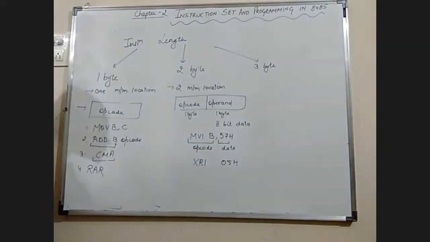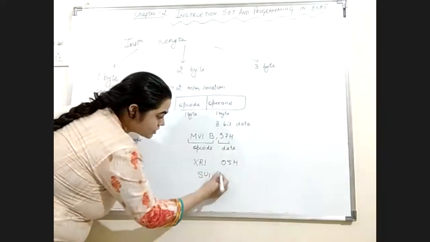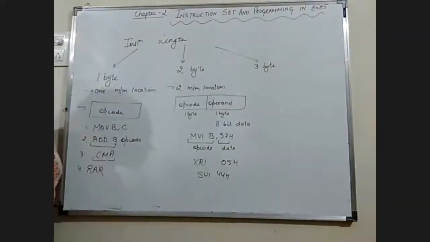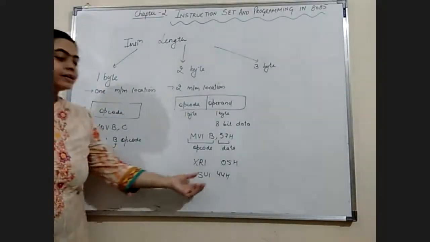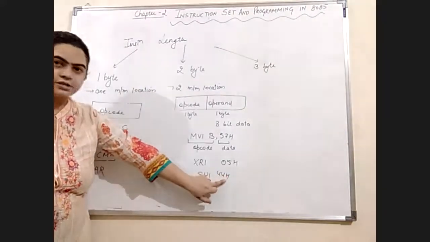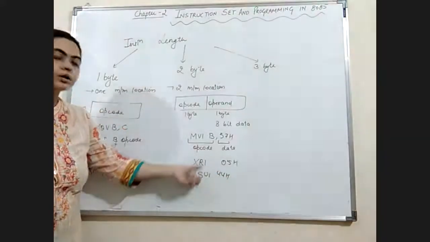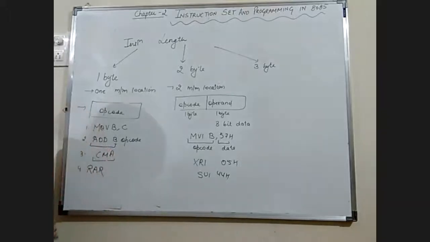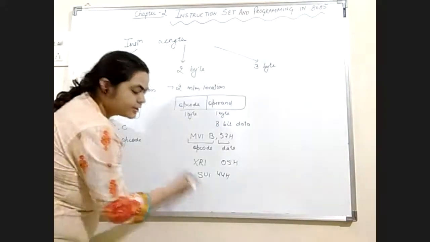Next example we can see is SUI 44H. This instruction means we subtract the contents present immediately in this instruction, that is 44H, from the contents present in the accumulator, and the result is stored in the accumulator.